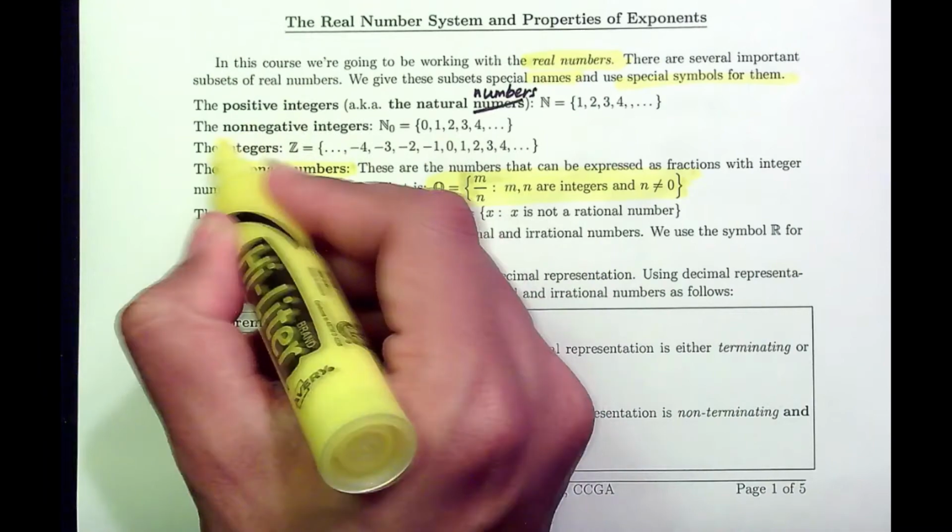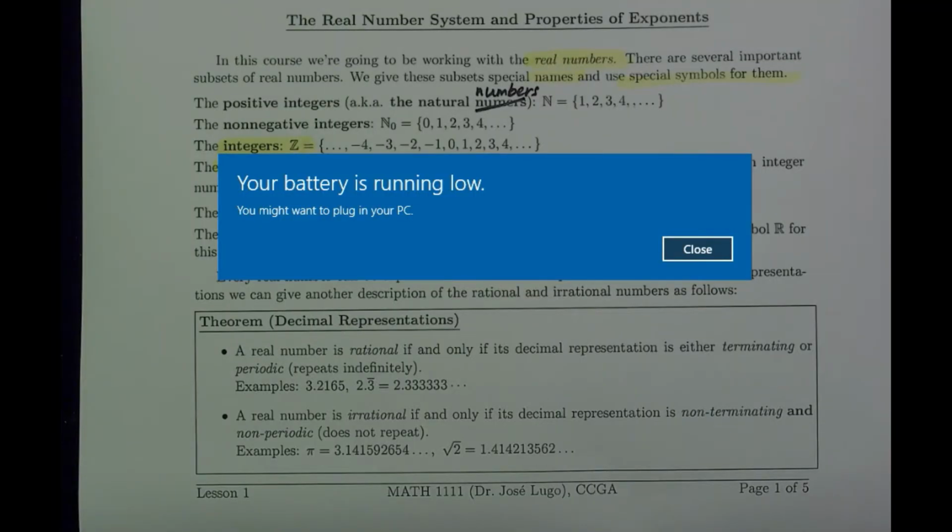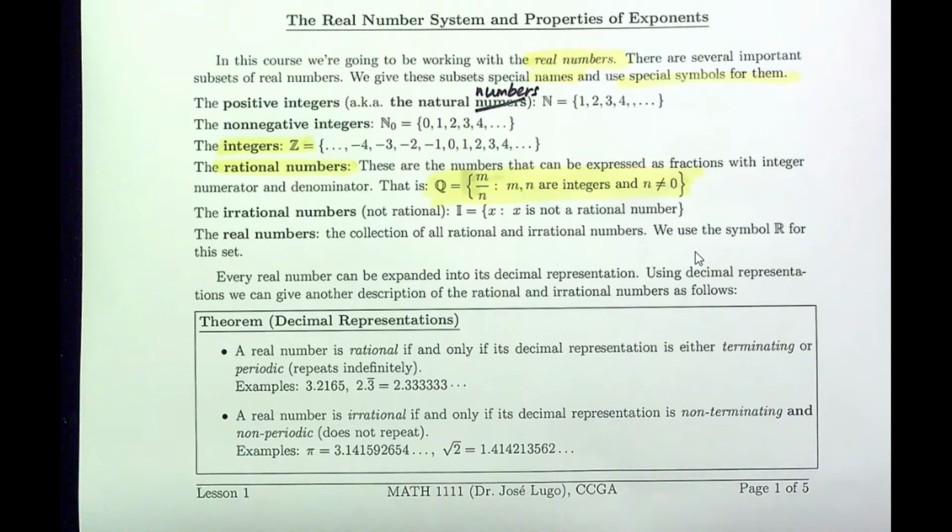All right, so those are the rational numbers. Again, the special symbol for integers is Z, and that's because the German word for numbers starts with Z, Zahlen, or something like that. Then after that come the irrational numbers.